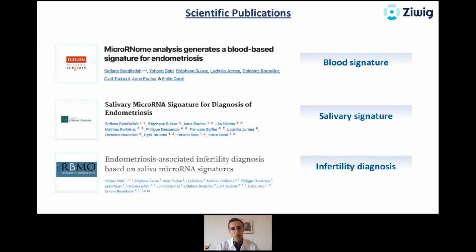From there, we actually were able to produce, firstly, a blood-based microRNA signature. Now, this signature was based on 86 different microRNA and produced outstanding diagnostic results with an area under the curve, which was at 98%.